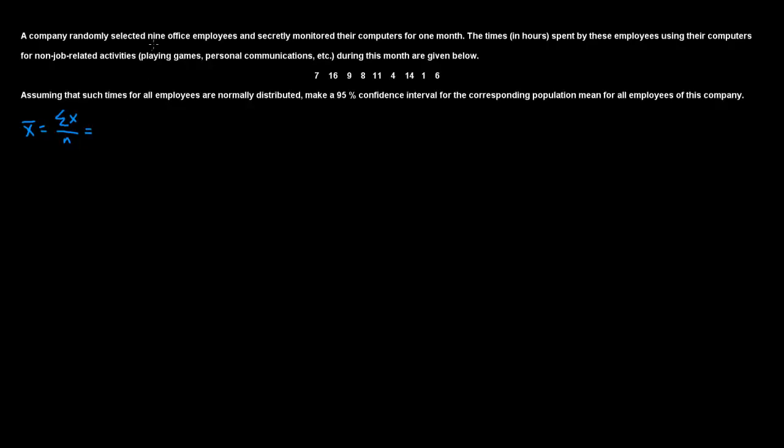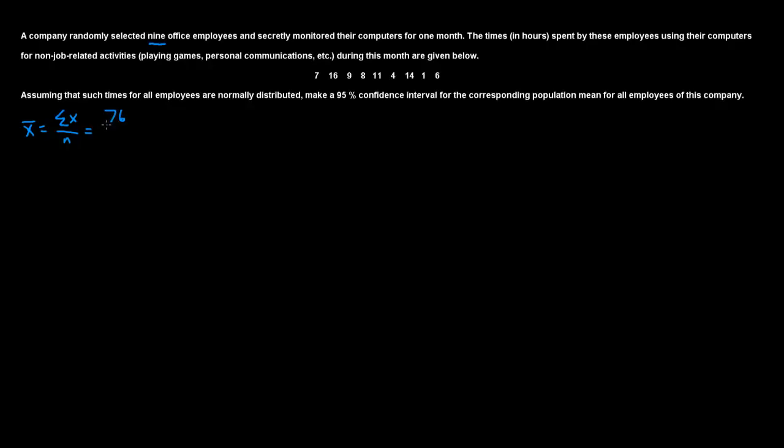So n here is 9. We have 9 data points. We add all of those x values up, divide by 9. So 7 plus 16 plus 9 plus 8 plus 11 plus 4 plus 14 plus 1 plus 6, divided by 9. If you add all those up, we get 76.